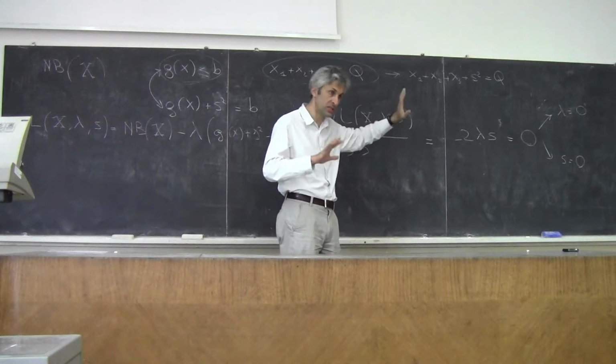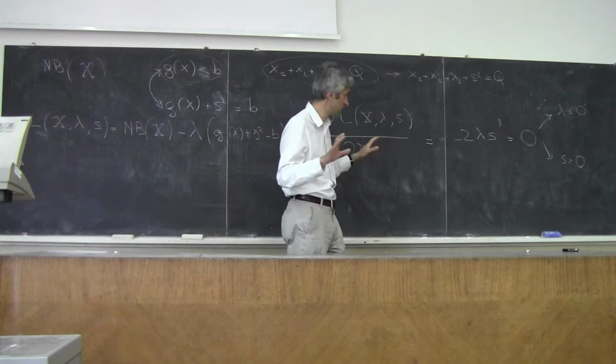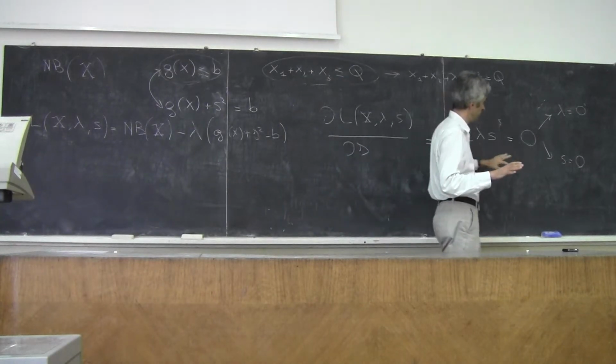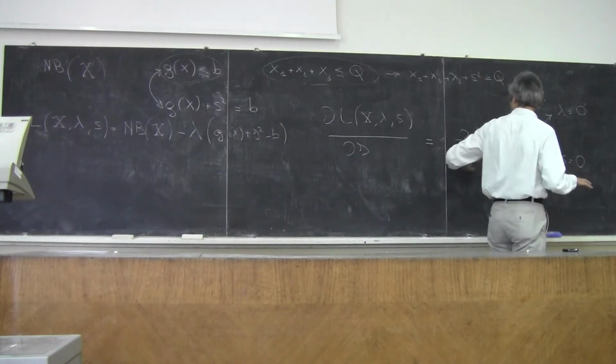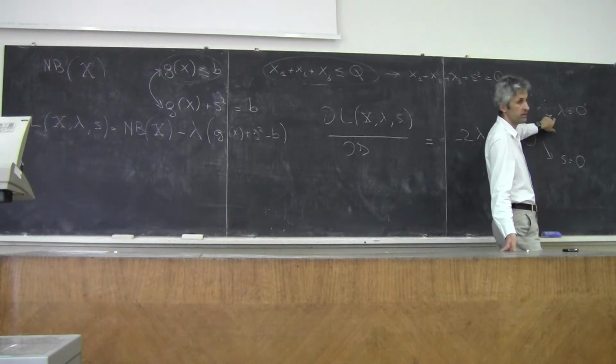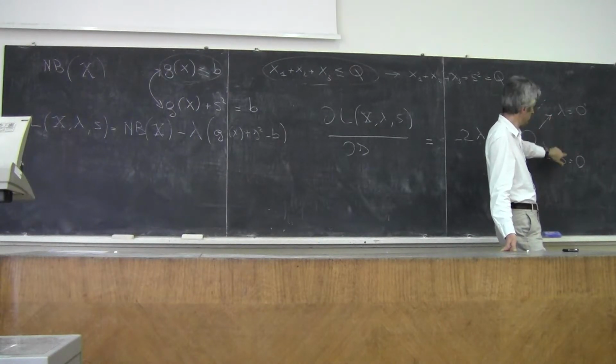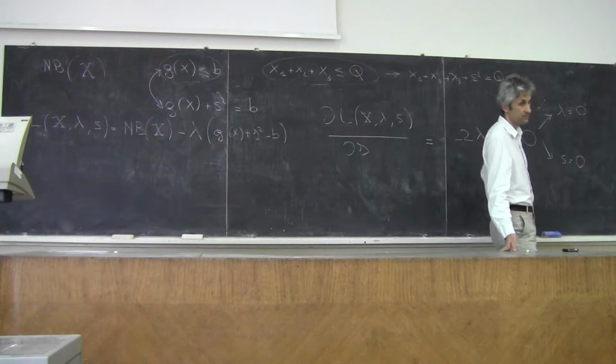It just says that you have two possible solutions when you equate this derivative to 0. And the two possible solutions are either lambda equal to 0 or s equal to 0.